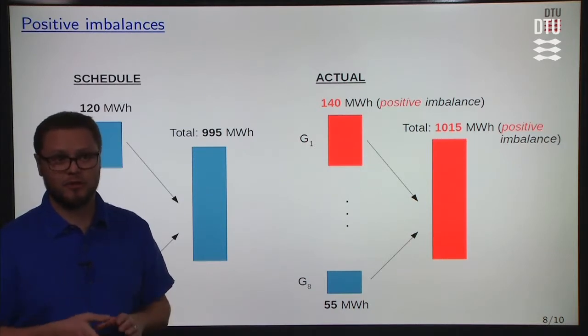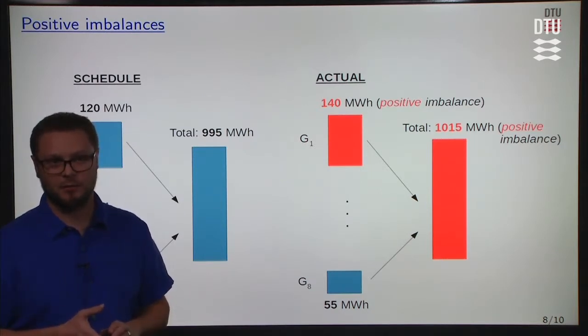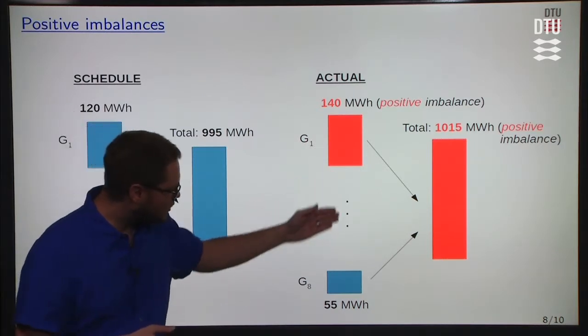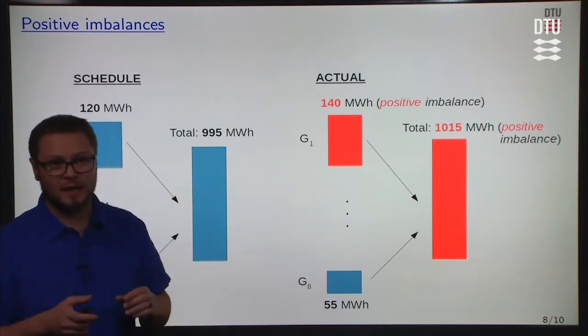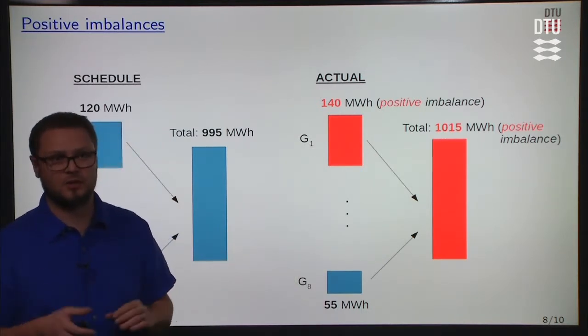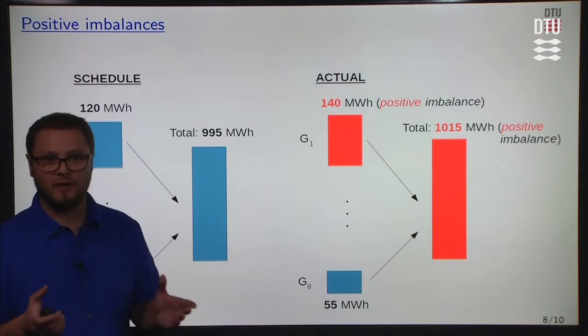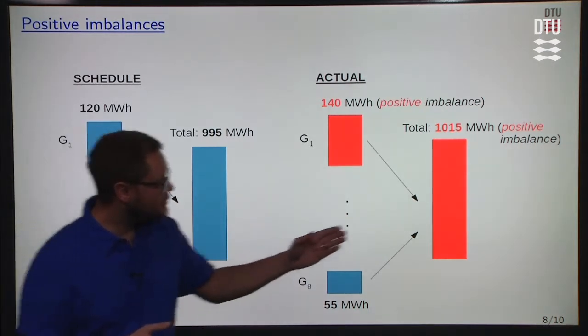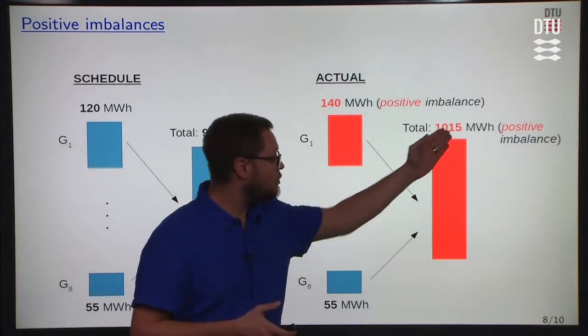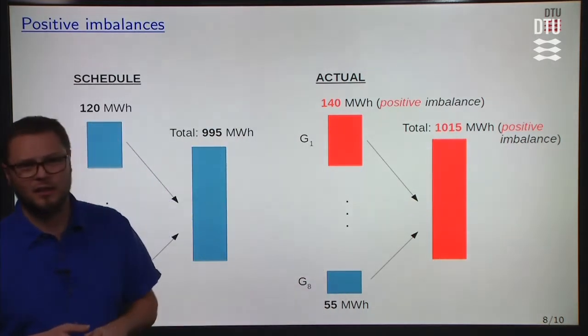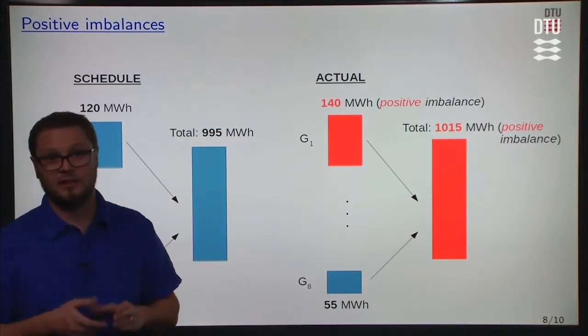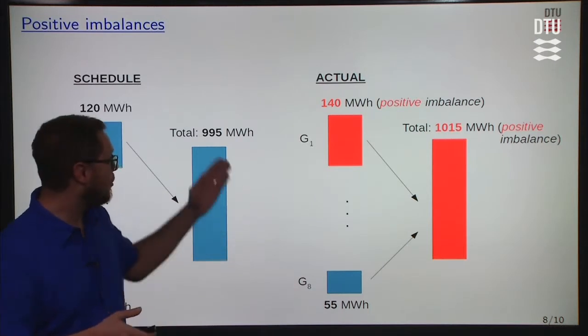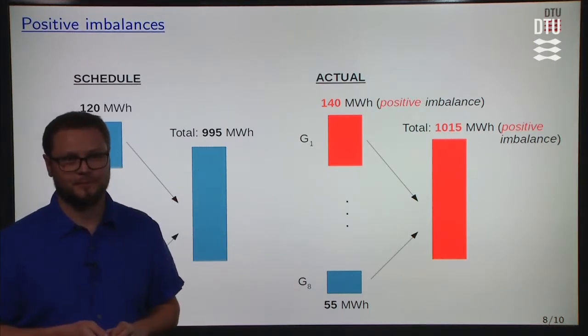This is then a positive imbalance for this market participant. Assuming that all the other supply side market participants and consumption side market participants have no imbalance, the result for the system is that we have a total now of 1,015 megawatt hours. This is a positive imbalance compared to the original schedule.